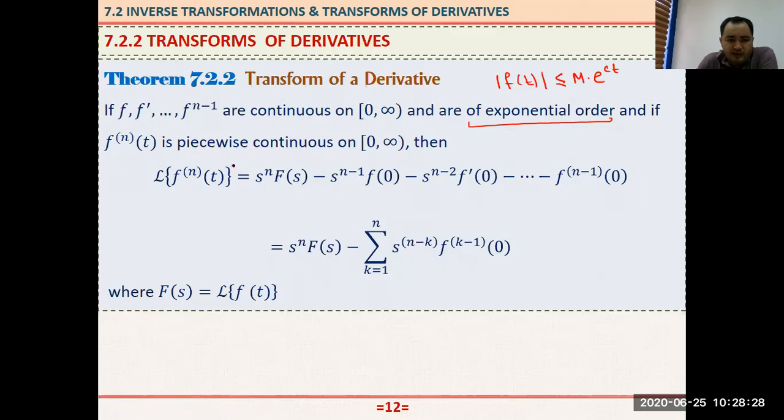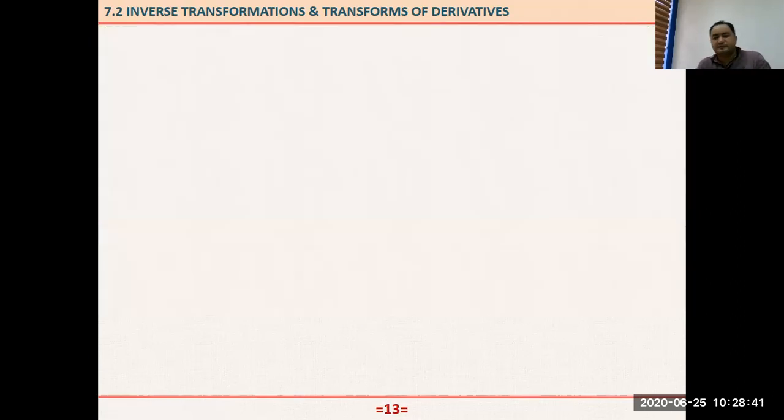And if the nth order derivative of f is piecewise continuous on this interval, then its transform is equal to this thing. That is the formula, and how we get it, we'll talk about. First, we just use integration by parts.